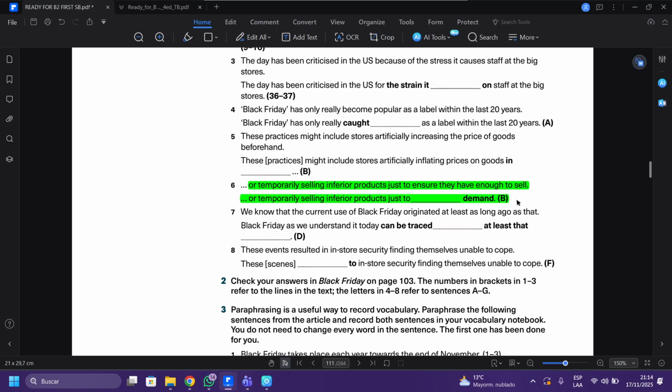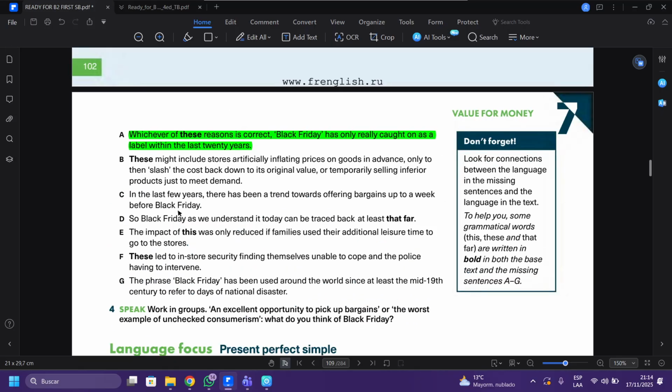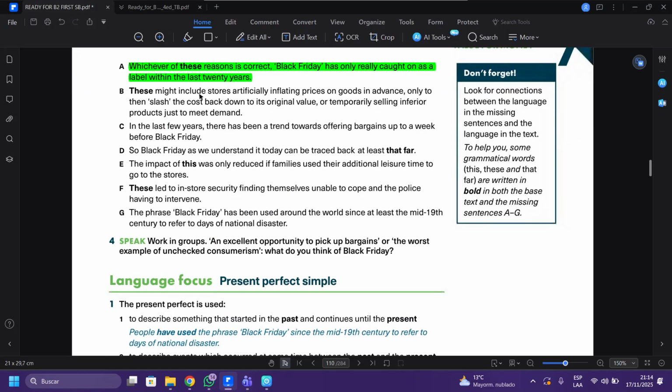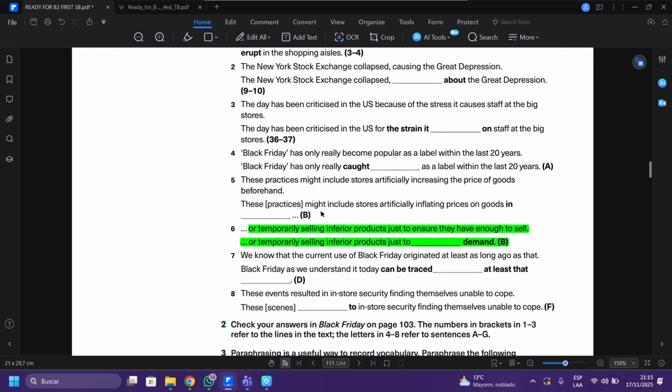And the answer is in letter B from the answers. This might include stores artificially inflating prices on goods in advance only to then slash temporarily, freeze just to meet demand.